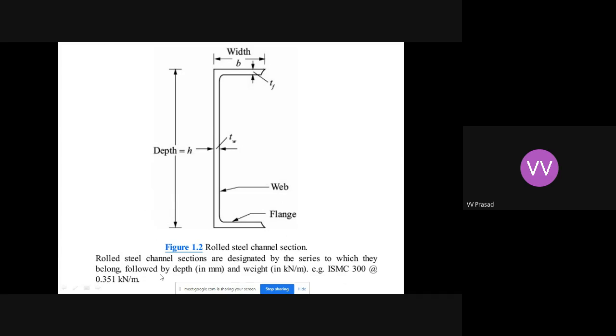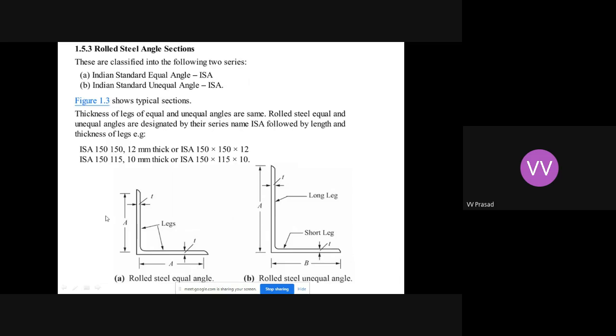The rolled channel sections are designated by the series to which they belong, followed by the depth in millimeters and weight in kN per meter. For example, ISMC, Indian Standard Medium Weight Channels, followed by 300, is the depth of the section in millimeters, and the weight of the section is 0.531 kN per meter.